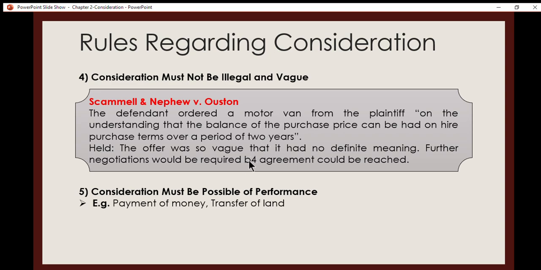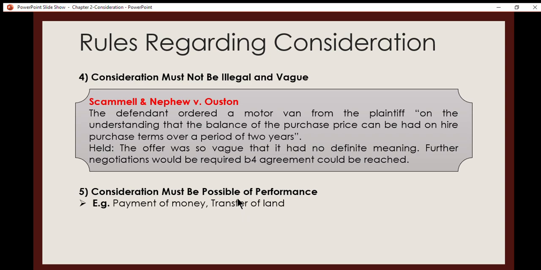And last but not least, the rule of consideration is that it must be possible of performance. For example, payment of money, transfer of land. So it must be possible of performance. For example, let's say someone said to you, I would like to give you 10,000 ringgit if you are able to discover magic.